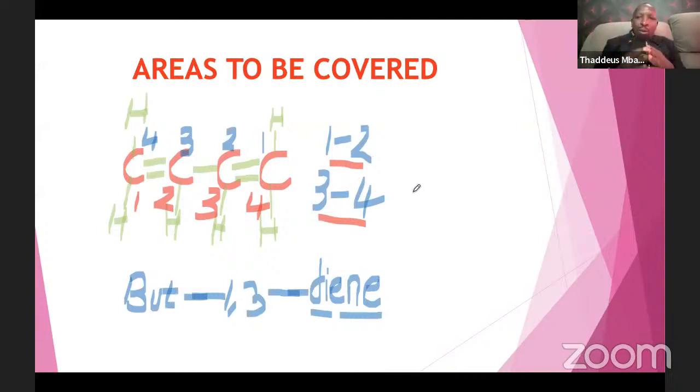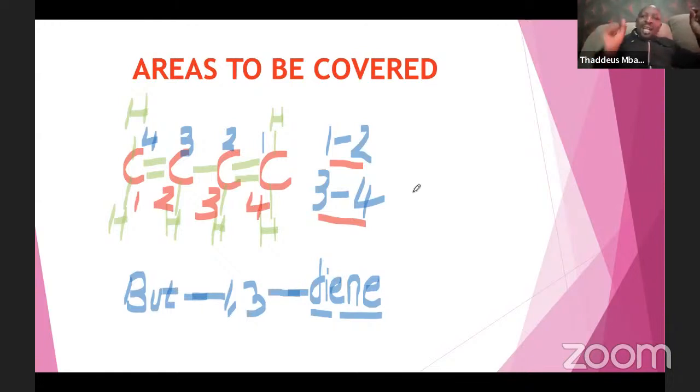When there are 2 double bonds, you name them by telling how many there are. Ene stands for a double bond. If there are more than 1, you use the word diene, meaning di 2, ene double bond. So there are 2 double bonds.